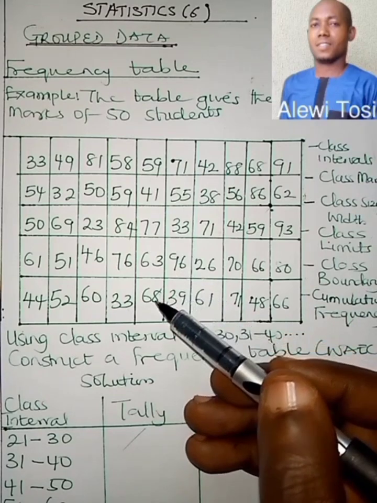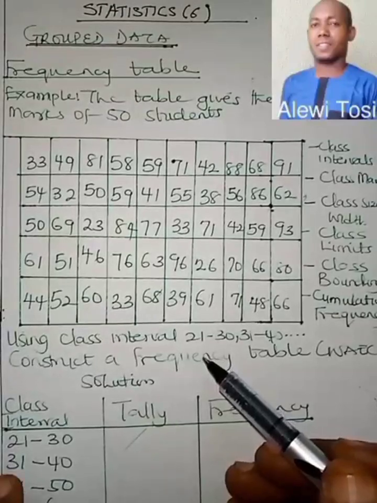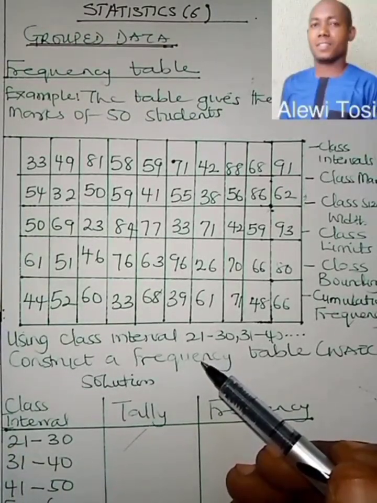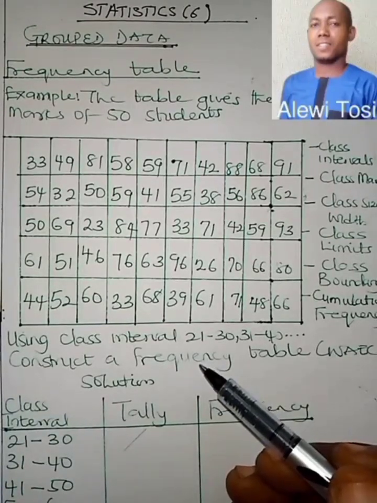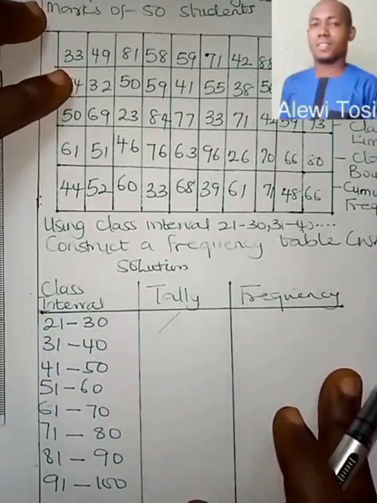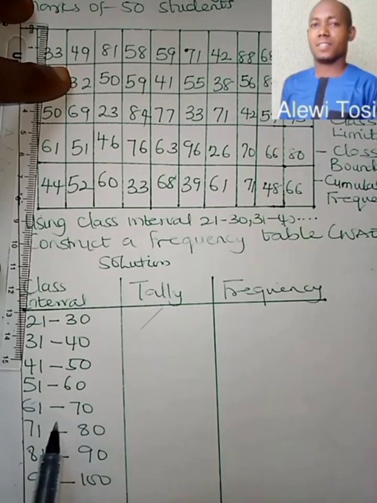Which means that the way we have 21 to 30, then you have 31 to 40, 41 to 50, 51 to 60, like that.